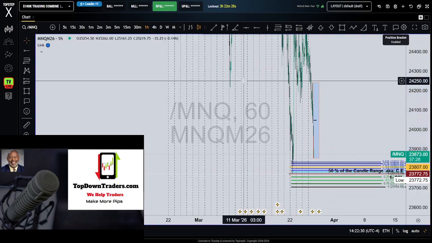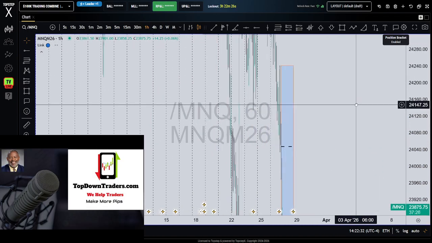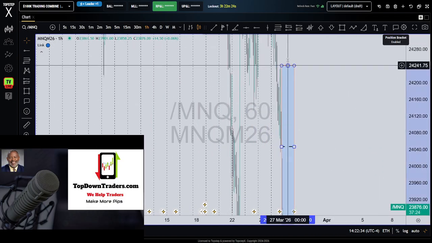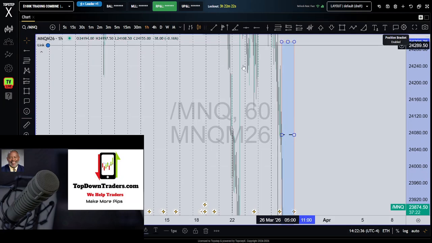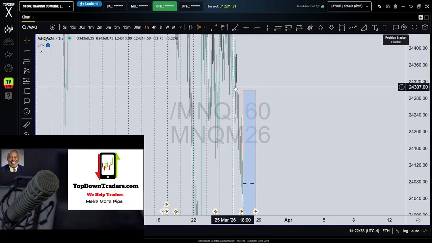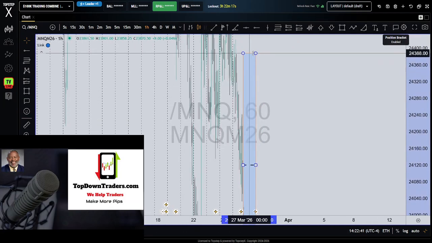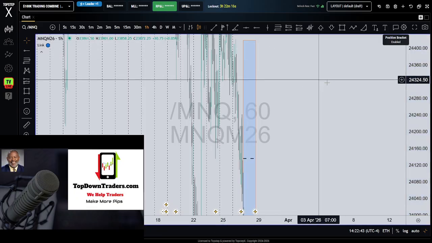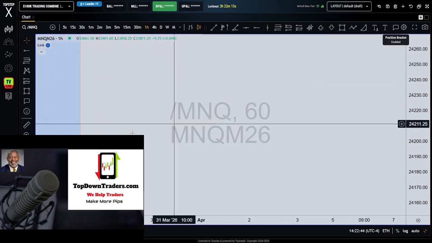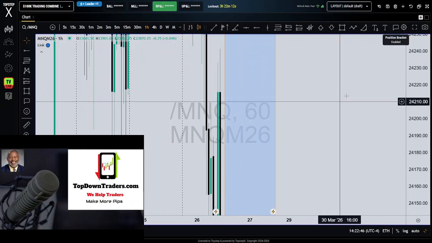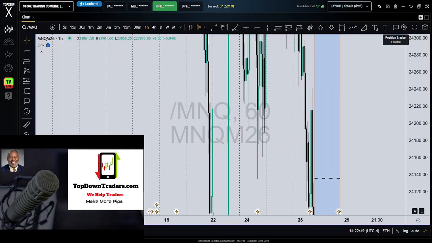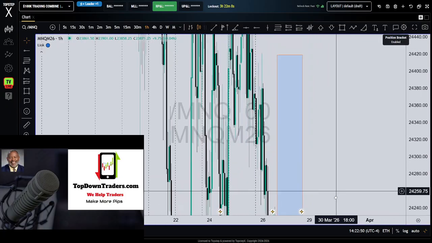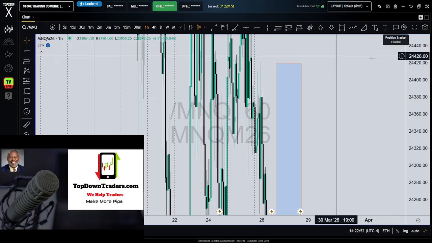And I could even use, no, I just want to use that wick. If I took it up a little further, that is the entire session, from here, that makes this huge. No, I'm going to use this wick. I'm not going to use all this price action.